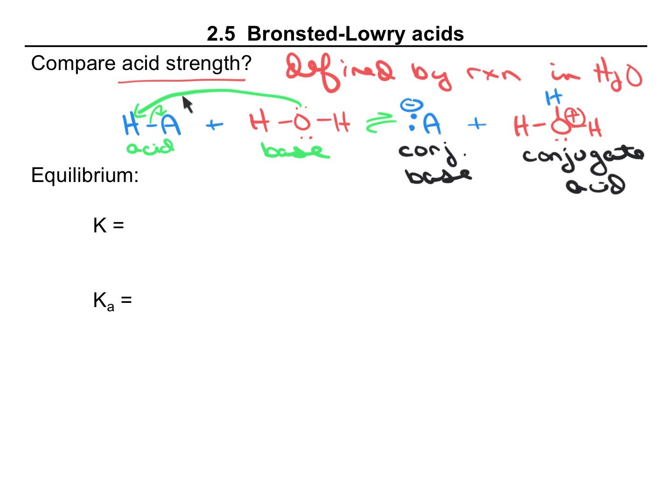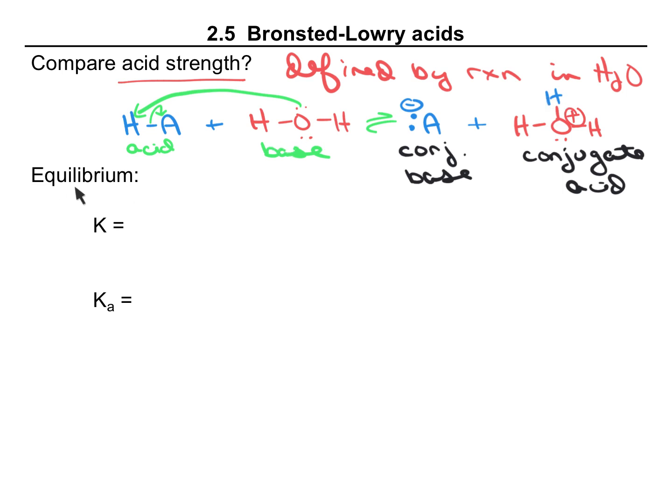So whatever results from the acid is the conjugate base. It's the base because in the reverse direction, this would act as the base and grab off a proton. Whatever results from the base is the conjugate acid. It's the acid because in the reverse direction, this is what loses a proton to form this.